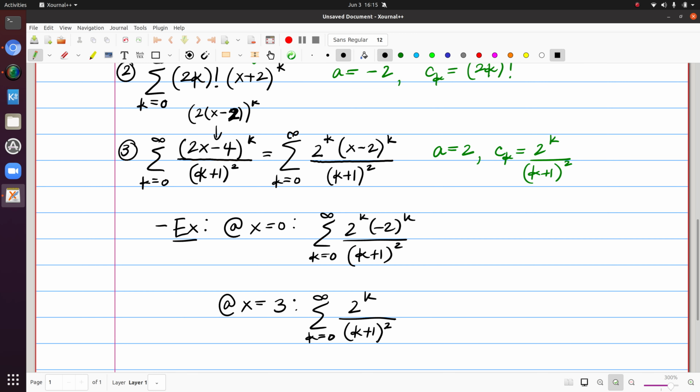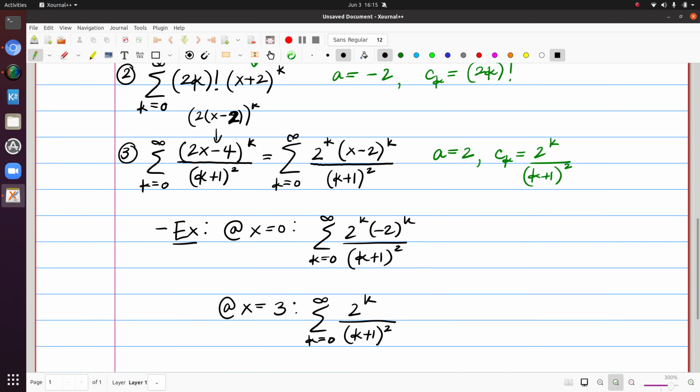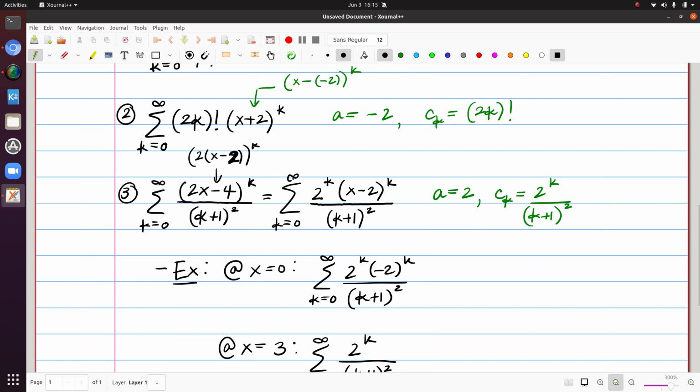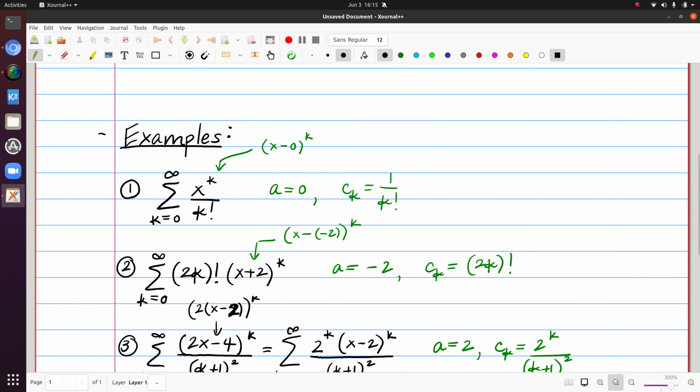What's great about power series is that if we don't plug in x, but leave that x value in there, perhaps we can look at this from a broader view and try to determine in one step what values of x would lead us to a converging series and which ones would lead us to a diverging series. Notice the beauty of that is that hopefully by a little bit of work, we're able to get a statement about infinitely many series at once. So this leads to the notion of when does a power series converge, which we're going to discuss in another video.